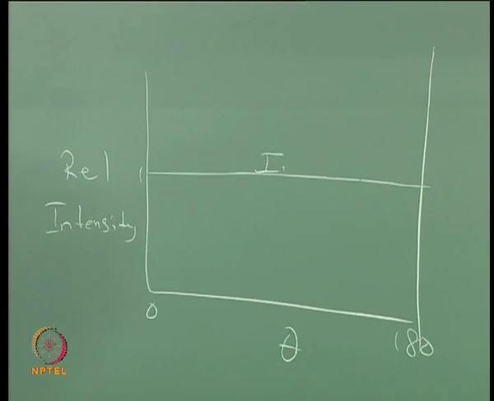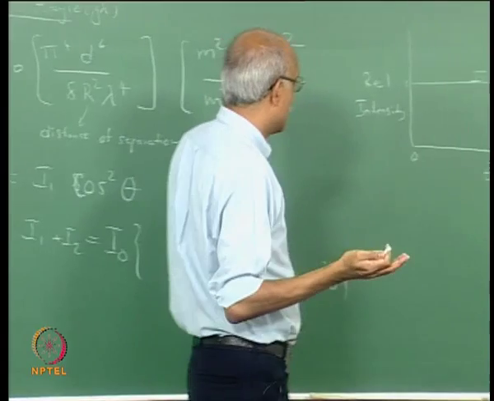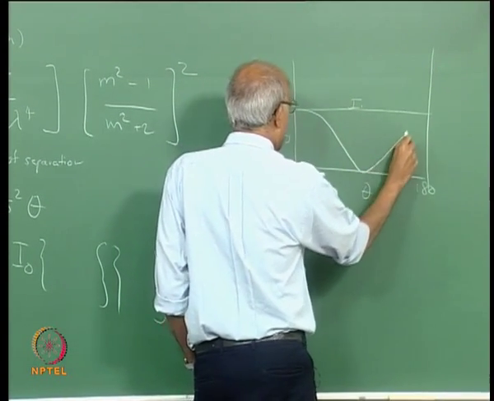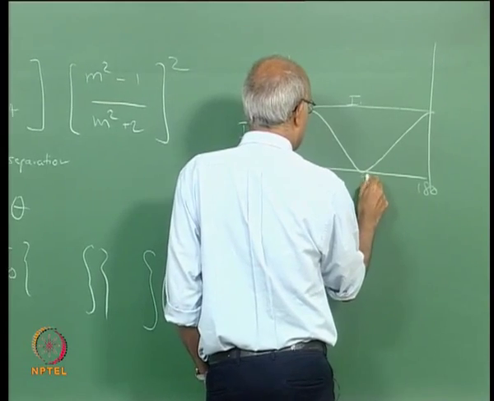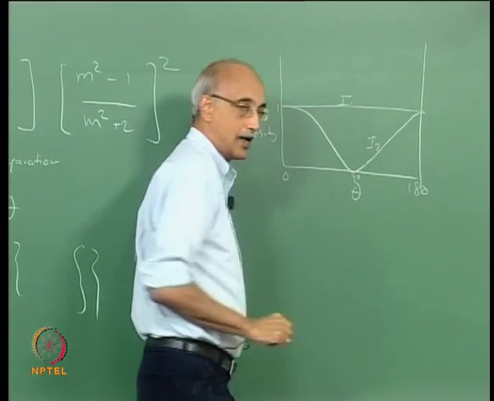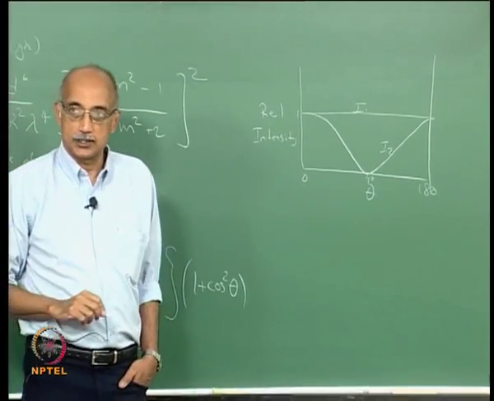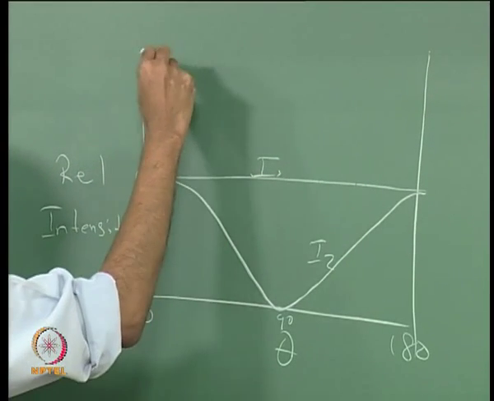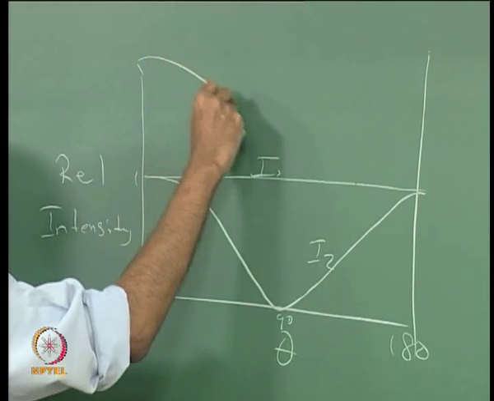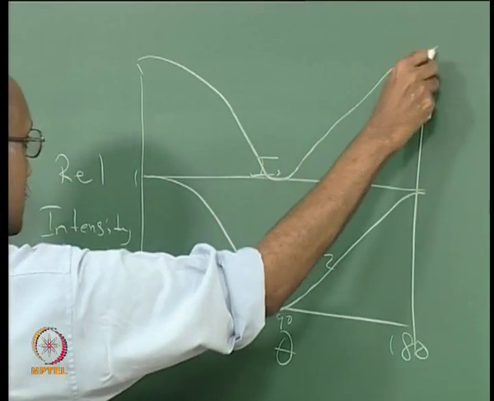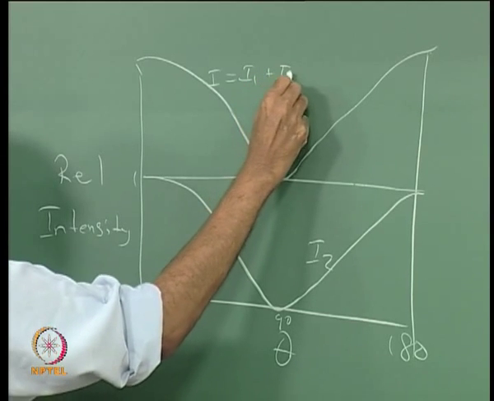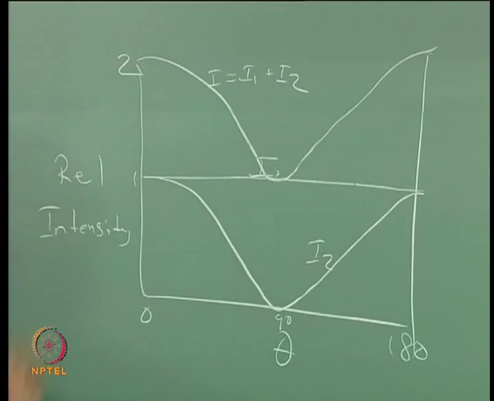I2 has a theta dependence, and so it will actually have a minimum at a theta of 90 and have a characteristic shape that looks like this. So the total intensity I will then have a shape that looks like this. So this is I equals I1 plus I2. Of course this will be, in relative terms, it will be 2.